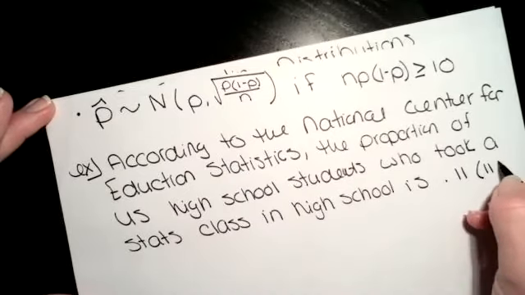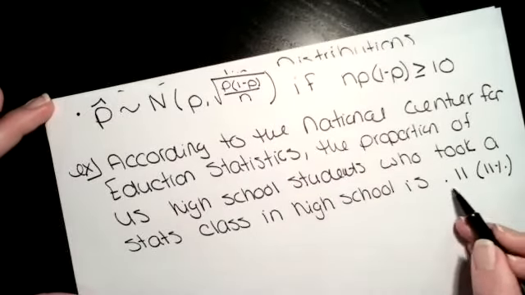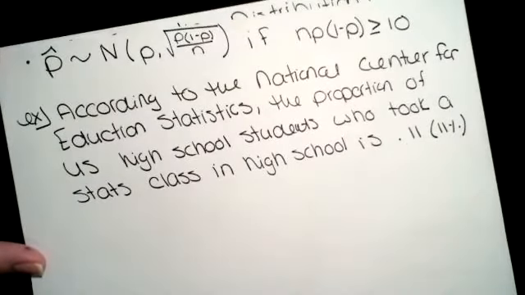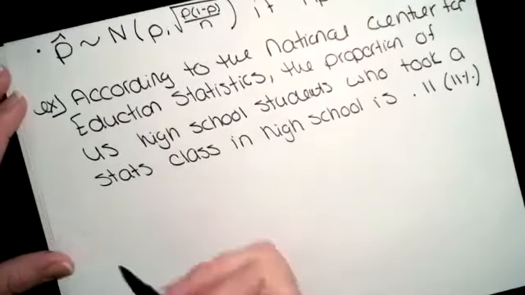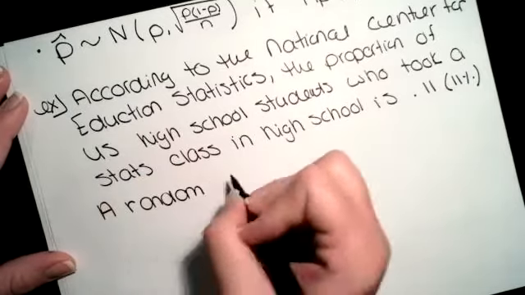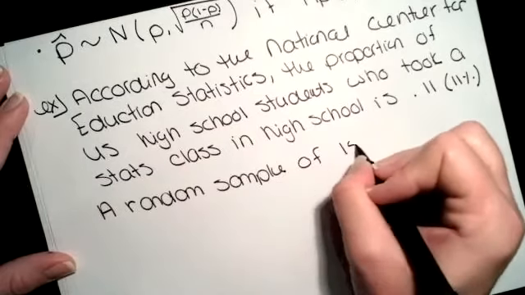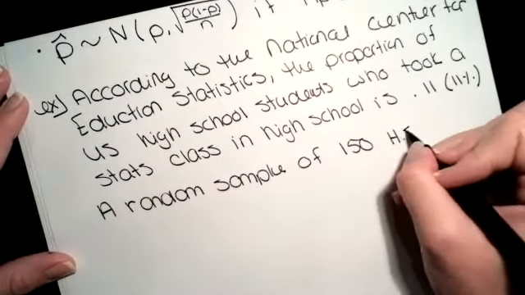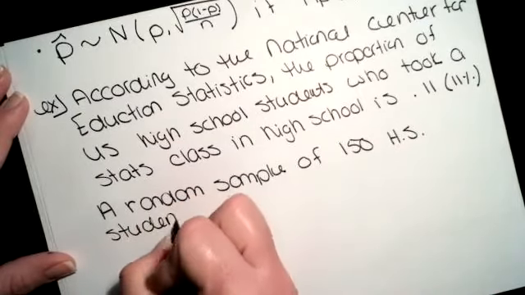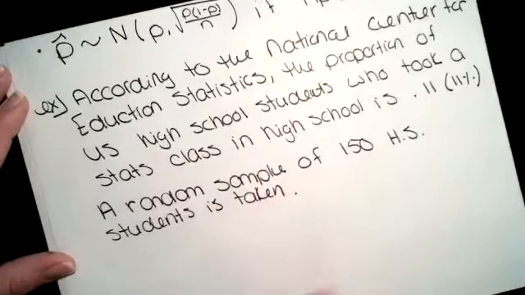I'm just going to put it here as 11%. I may say 11%, but how I'm going to view it is as 0.11, and how I'm going to write it all the time is in decimal form, 0.11. Okay. A random sample of 150, I abbreviate, high school students is taken. So there's my sample information.